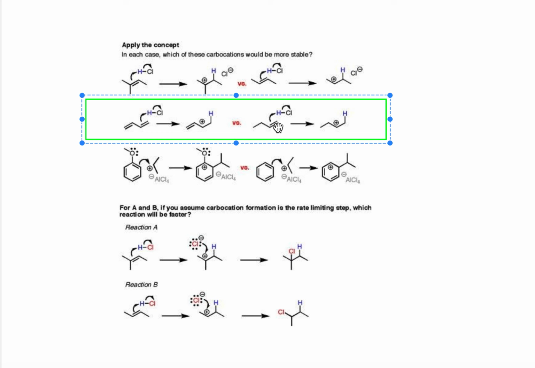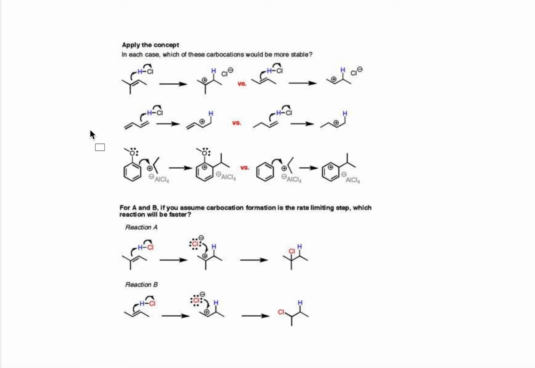In the second case we have 1-butene, only a single pi bond between carbon 1 and 2, which reacts with hydrochloric acid to produce again a secondary carbocation. Although we have a secondary carbocation in both cases, in the first case the carbocation is in conjugation with pi electrons. Therefore, the first reaction must be faster as compared to the second one.